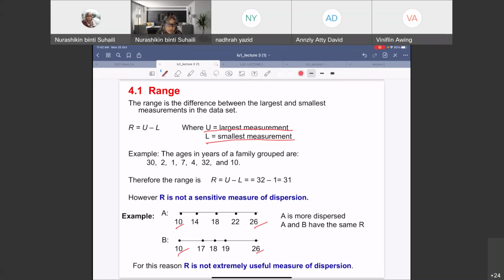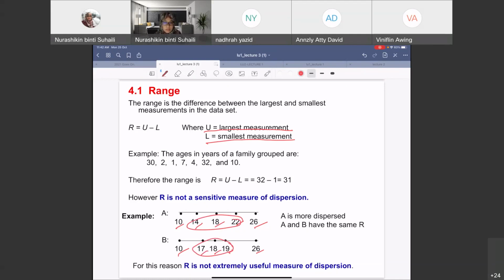If you are given a range, in this case 10 to 26, there could be various possibilities of distribution in the middle. Maybe there are 14, 18, 22, but there could also be 17, 18, 19, 19. If you are just given information from 10 to 26, you do not know anything inside it.